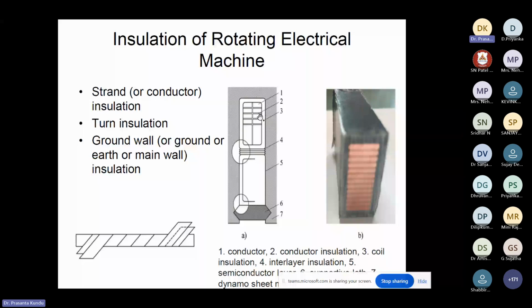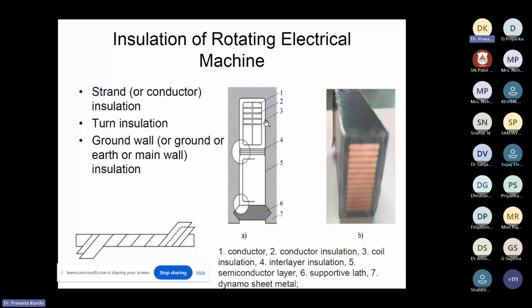This is the structure of high voltage rotating machines, either synchronous machines or induction machines. Then we have the coil insulation. This conductor insulation is also called the turn insulation, because this is one copper and this is another copper, two different turns. So that is called the turn-to-turn insulation.